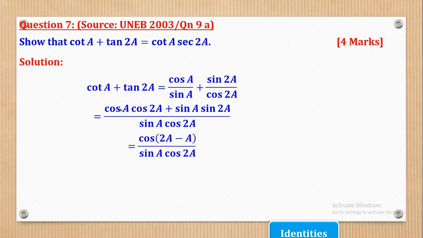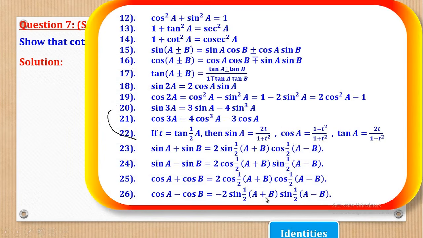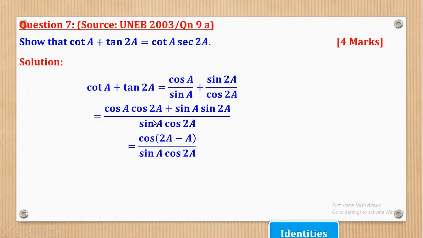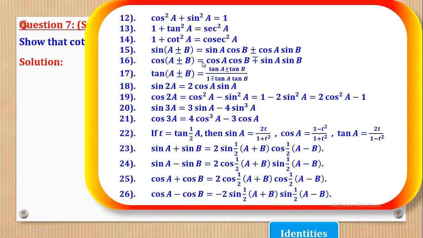Then from there we realize that this is the reverse of the compound angle theory. Remember, if we go back here, we have cos A cos B minus sine A sine B, and here we also have cos A cos 2A plus sine A sine B, meaning that we are going to use the lower part, which is cos A cos B plus sine A sine B, and this side it is minus.